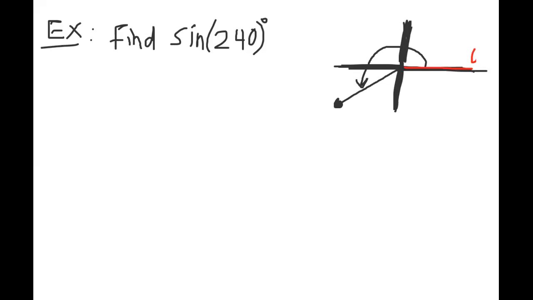Again, this is 0, this is 90, this is 180, and here again 360. So the angle 240 ends in the third quadrant. What does that mean? What is the reference angle for the third quadrant?